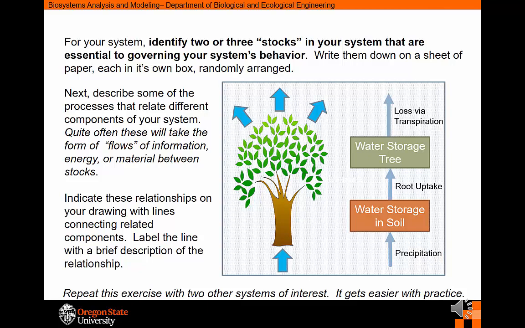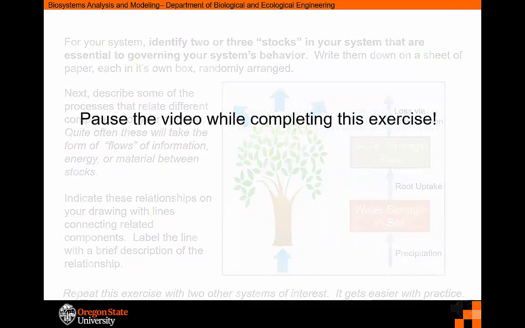Indicate the connections or relationships between your stocks and processes. Repeat this exercise a couple of times with different systems until you feel comfortable going from reality to a conceptual simplification that captures key aspects of the system of interest. You may want to pause the video while completing this exercise.